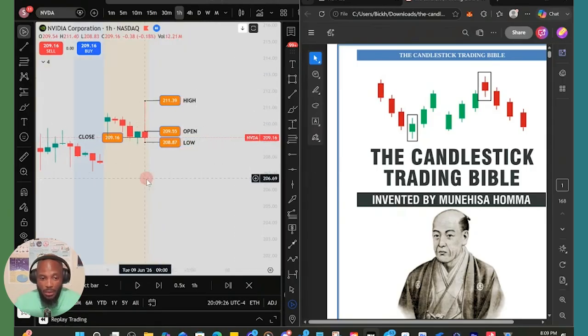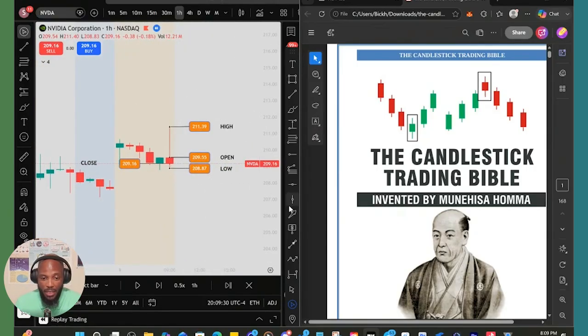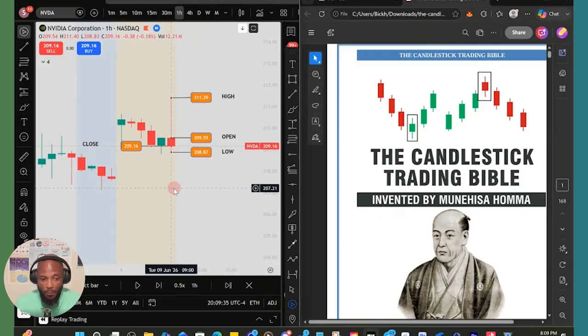Let's go over NVIDIA's price action for the 9 a.m. to 10 a.m. time frame. That's this candle. So the candle tells you NVIDIA opened at 209.55. That's rough, because I put the prices at rough areas.